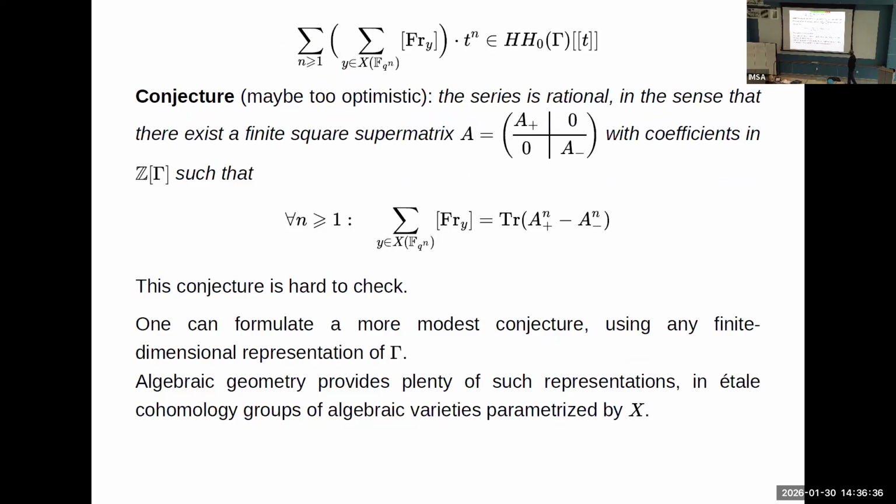It has this dummy variable t, which counts the degree of extension, and then it sums over conjugacy classes of this Frobenius associated to points of F_{q^n}. And one can make a super optimistic conjecture that this series is rational.